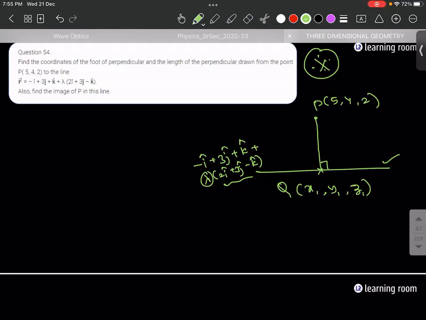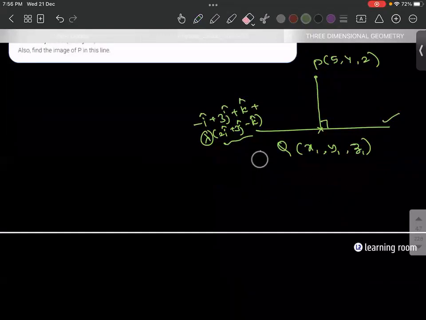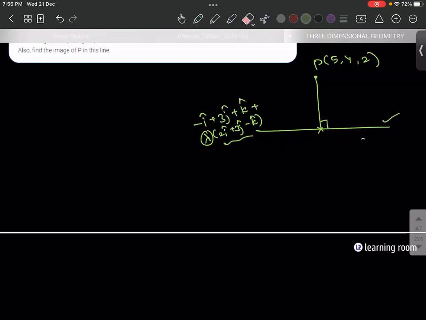See, the logic is here the DR should be... Nitish, tell me how to write the point. How can I take this point?